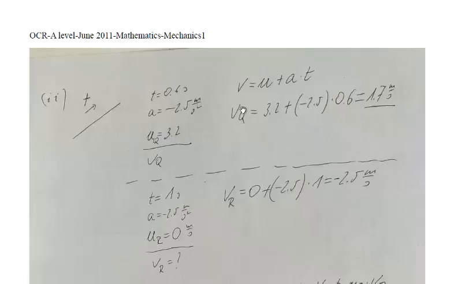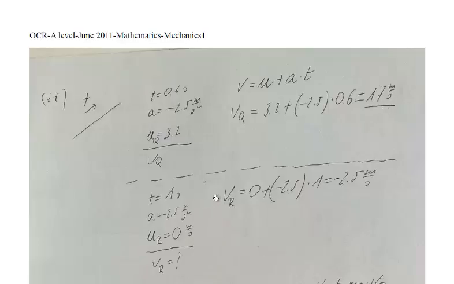This is the calculation for Q: time, acceleration, and initial speed. We use this formula and we get that the velocity of Q is 1.7 meters per second.